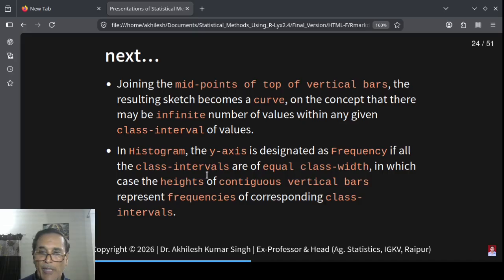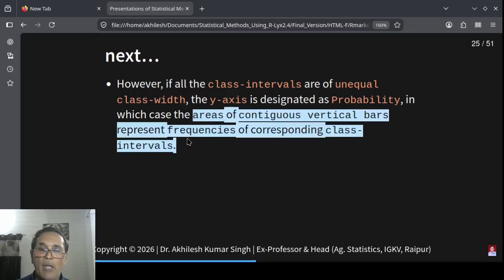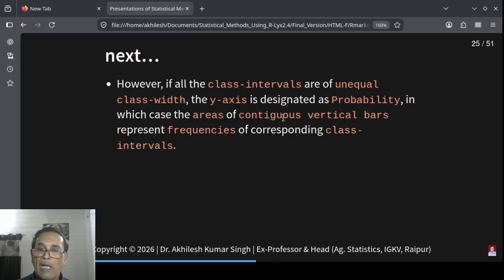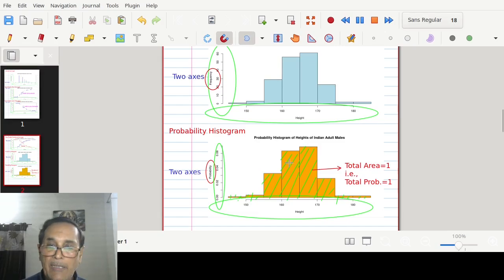So this is what I was saying. For equal class width, we designate frequency on the y-axis. However, if the class intervals are of unequal class width, as I had just discussed, the y-axis is designated as probability, in which case the areas of continuous variables are represented as frequencies. What I mean is, in this yellow graph, you see, I have indicated by green lines these shadows.